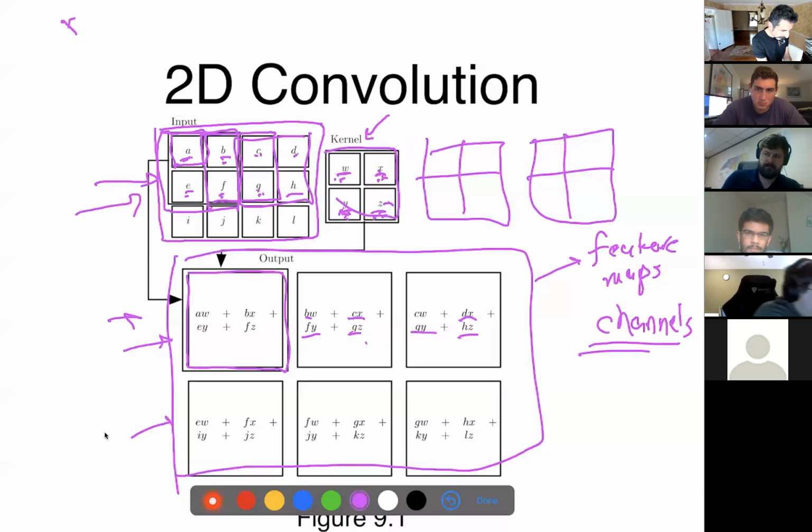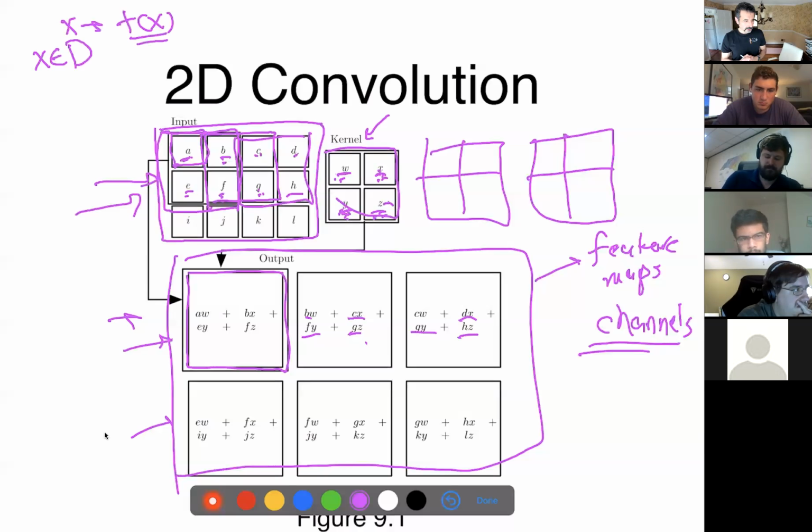So you have X, you get T of X, and these X's belong to a large set of training examples, okay? And then you produce these T of X's, and then you train your network using these T of X's, right? So you get a trained network on the transformed input.